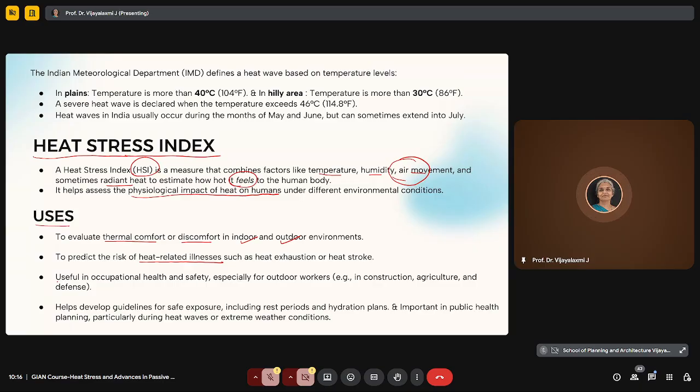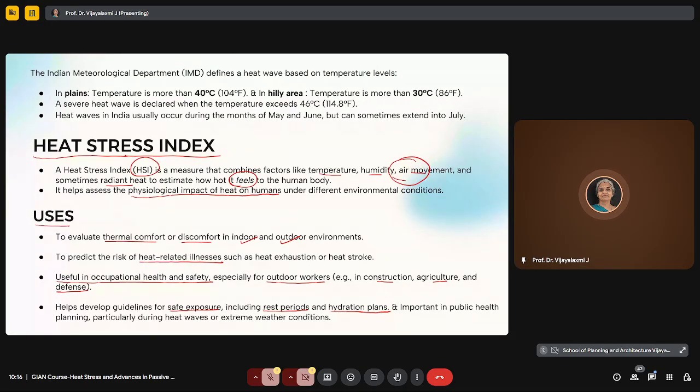This is very useful in occupational health and safety, especially for outdoor workers like construction laborers, agriculture workers, or people in the defense. It also helps to develop guidelines for safe exposure, including rest periods and hydration plans. What I mean by rest period and hydration plan, you will see in the case study.